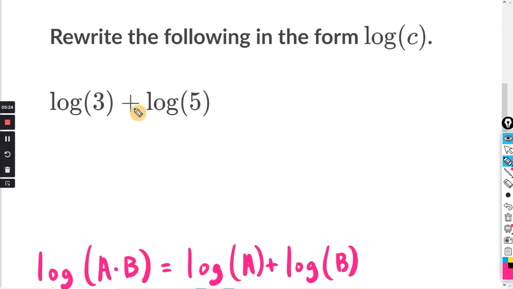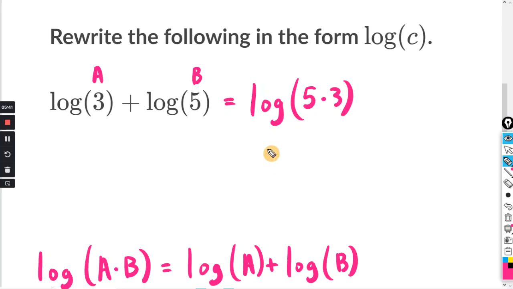So since these are added together, this is your a and this is your b. So we can make it equal to the log of a times b or the log of 5 times 3. All right, so a was the 3 and b was the 5. And that is going to equal the log of 5 times 3, which is just 15.